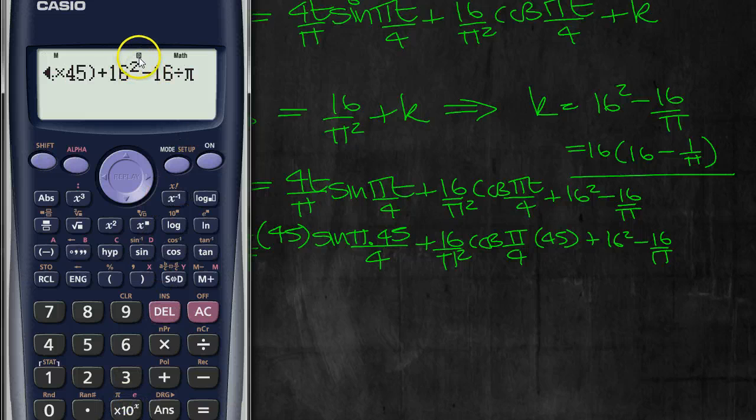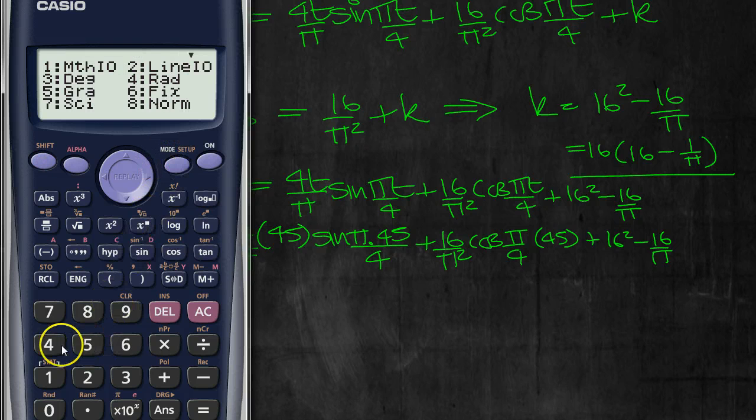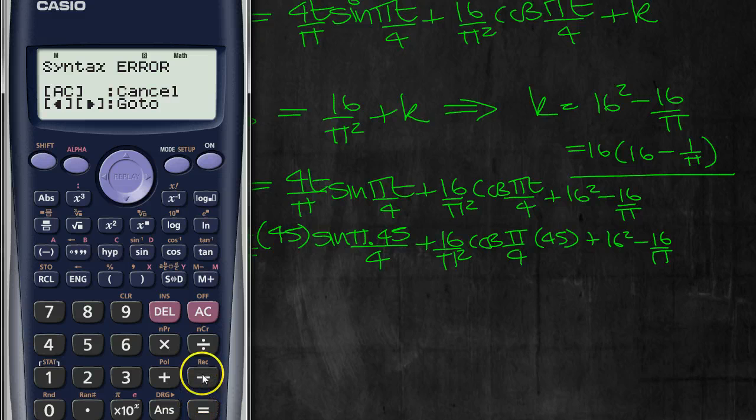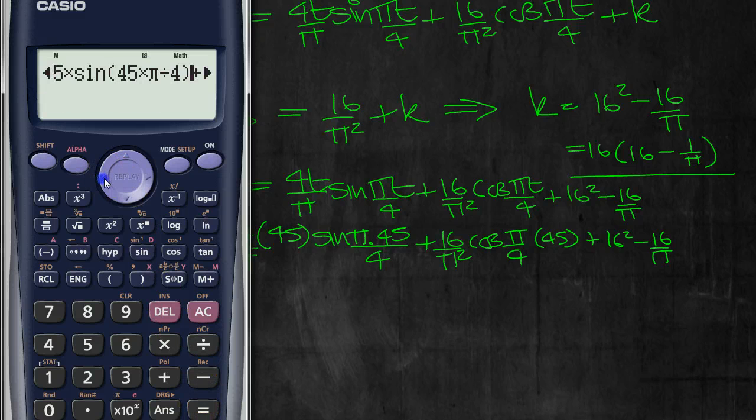Now I'm in degrees mode and it's in radians, so I need to do a shift mode. Let's change it to 4 and we'll toggle back now. And I'll just double check everything. Four divided by pi was here. 45 sine 45 pi. That's fine. Divided by 4 plus 16 over pi squared. Cos pi divided by 4 times 45. 16 squared minus 16 divided by pi. Something's wrong.